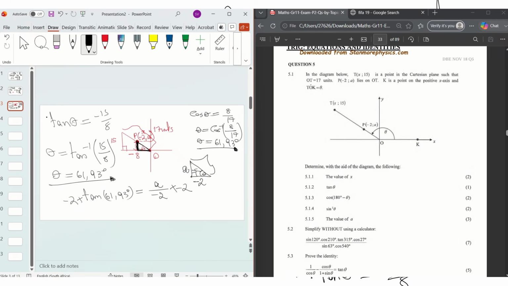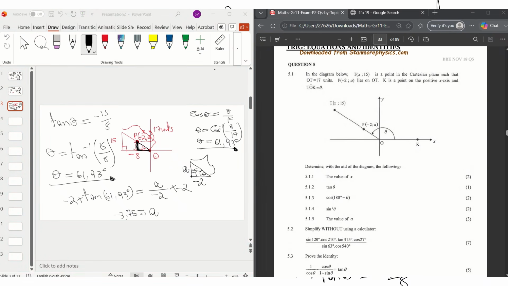So we have A is equal to -2 times tan 61.93. That will give us -0.375.